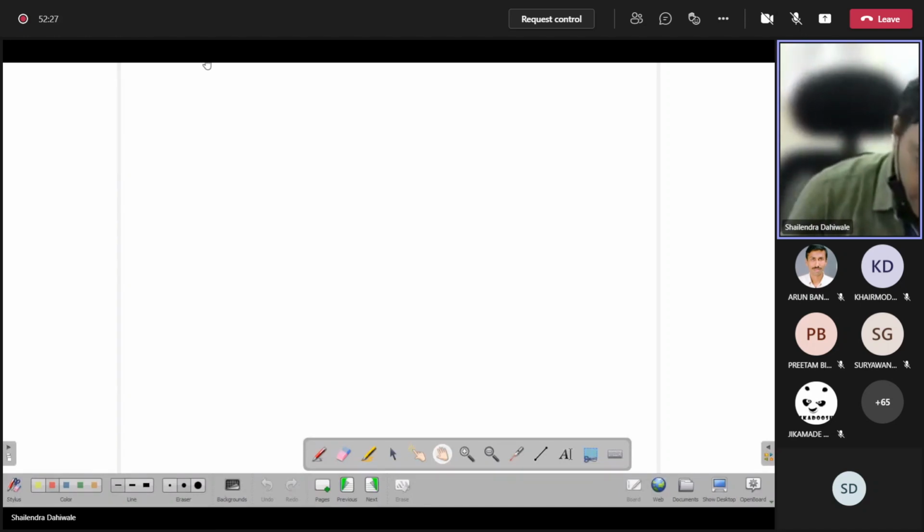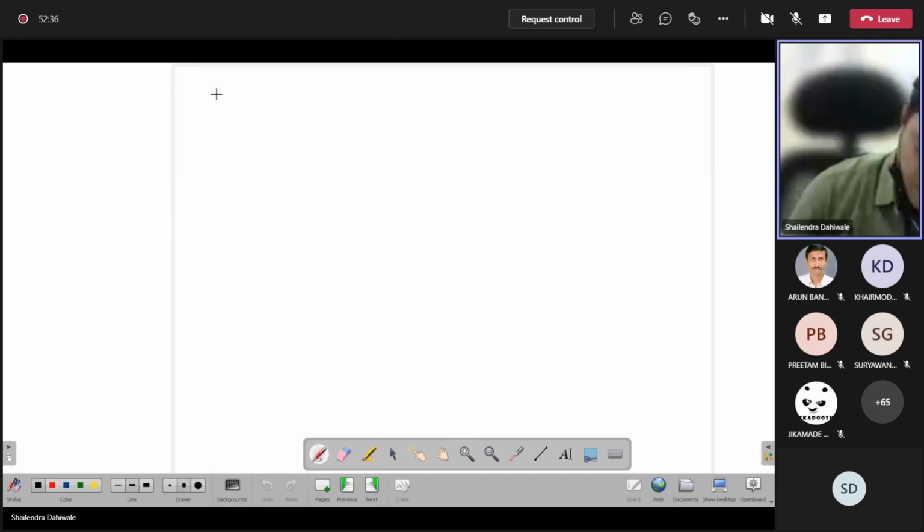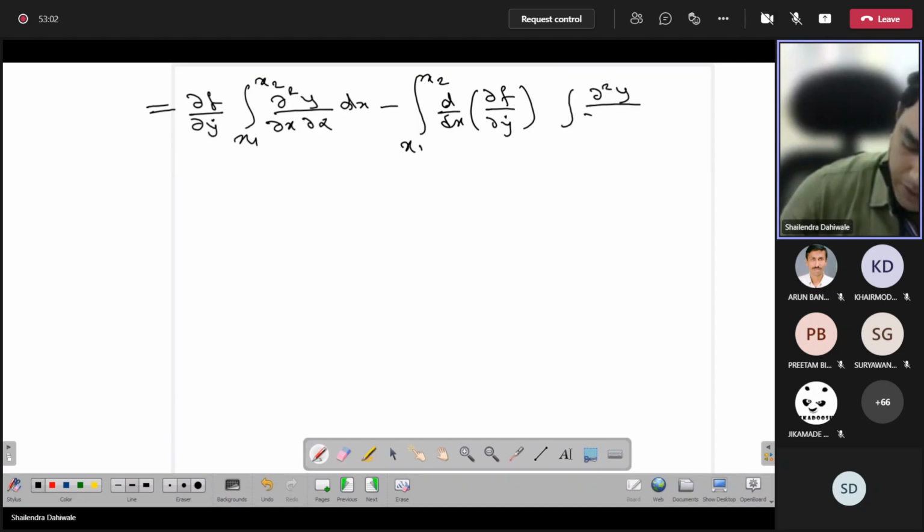Okay, so I am integrating by parts. So what you have is del f by del y dot and the integration from x1 to x2 of del 2y by del x del alpha dx, minus the integral from x1 to x2 of d/dx of del f by del y dot, times the integration of del 2y by del x del alpha dx, and then dx.